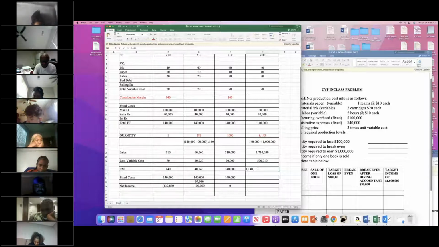Fixed cost is still 140,000. And so we're supposed to be at 1,000,000. We're actually at 1,020,000.